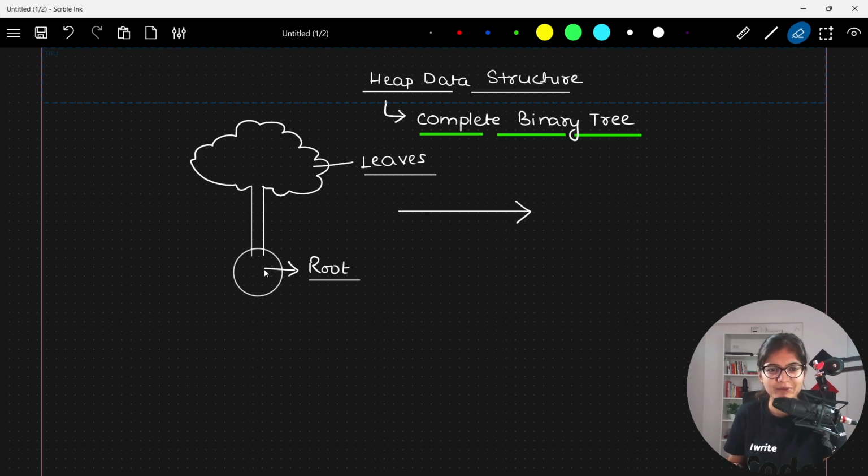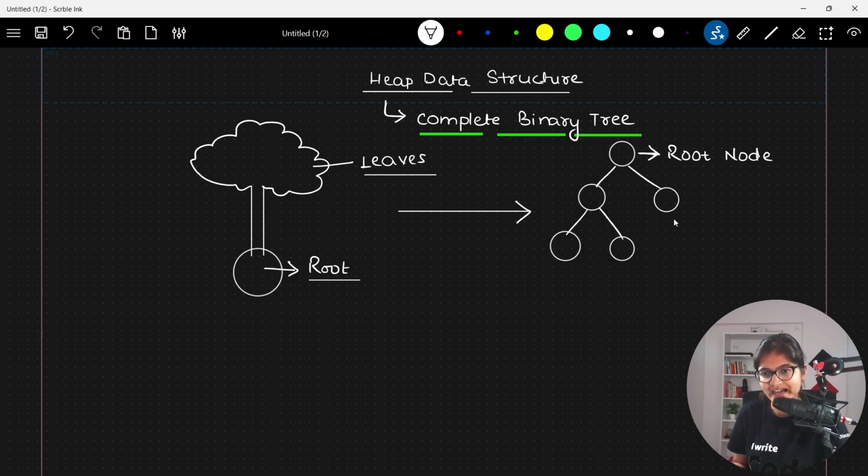In our tree-based data structure, the root node is at the topmost position. Whatever is the topmost node that we have is the root node, okay? And after the root node we will have a lot of internal nodes, and finally at the very end we have the leaf nodes.